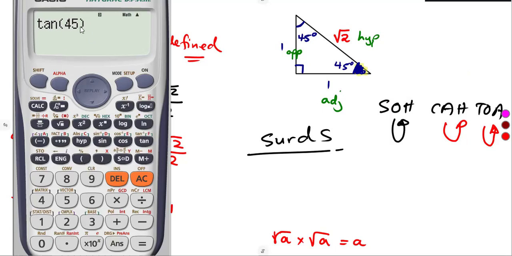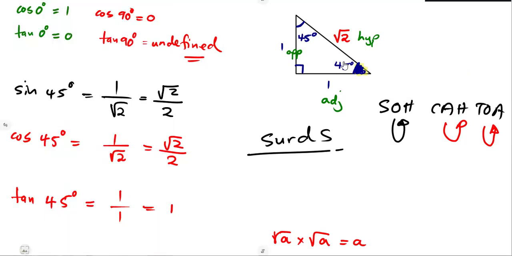The tan of 45 in degrees is going to give us what? A 1. Exactly what we can have from the triangle. So that's why we call these ones special angles or the special triangles, because we obtain exactly the same answers as we have from the calculator, but we can have them from what? From the triangle. So that is it about 45 degrees.